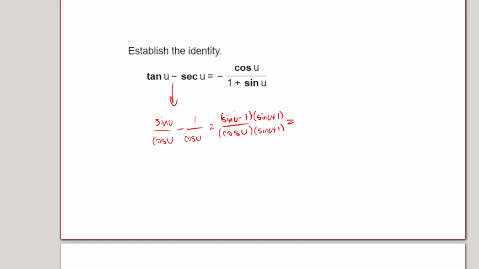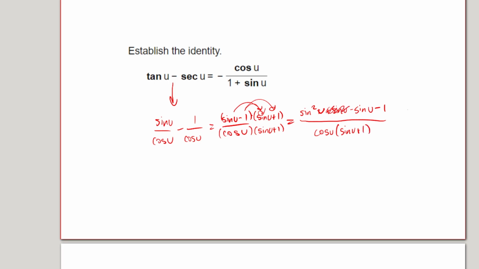And this way, when we multiply this out, we get sine squared on the top plus sine u minus sine u minus 1, if you just expand that out. And then we get cosine of u times sine of u plus 1 on the bottom.